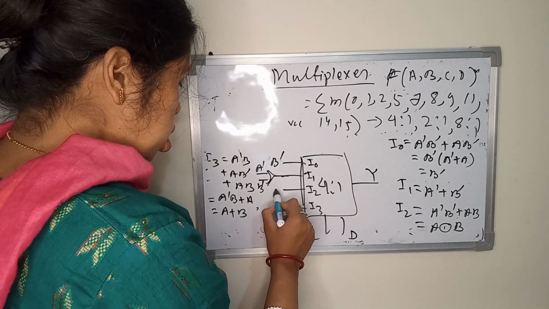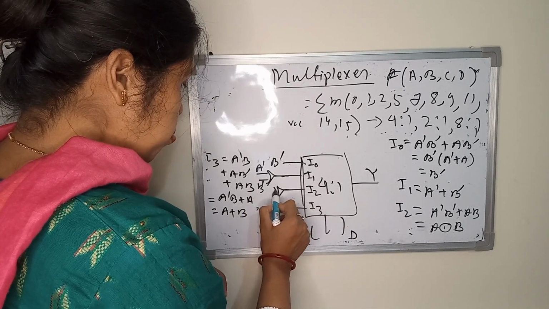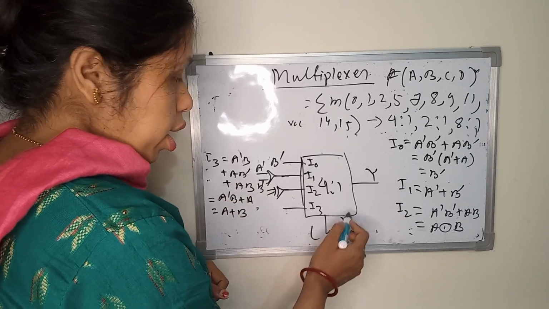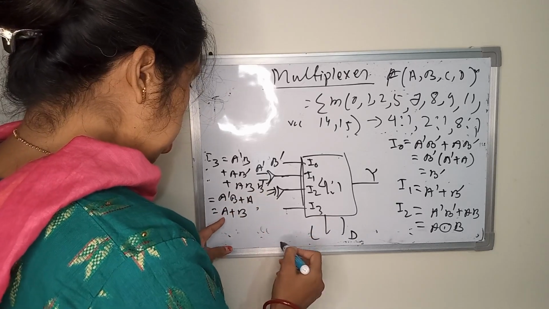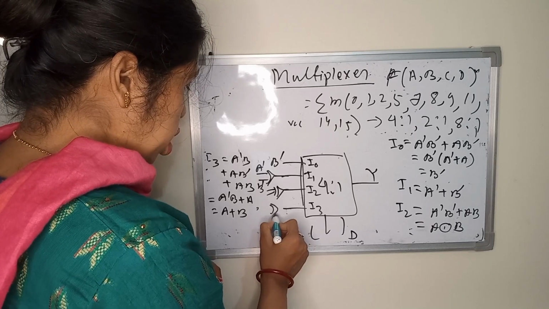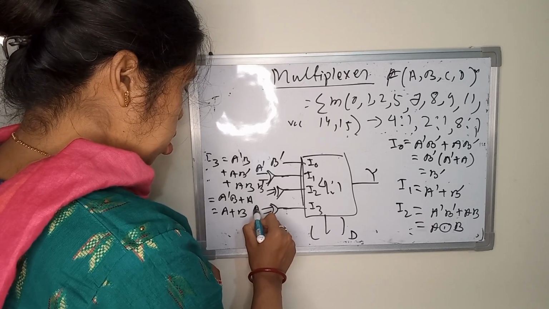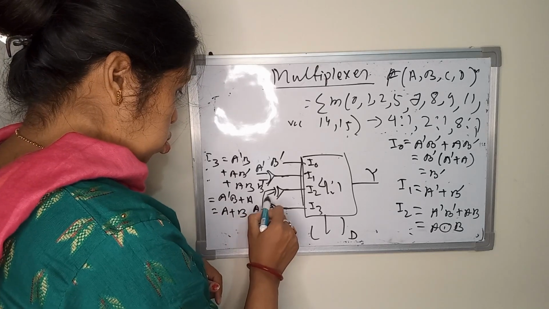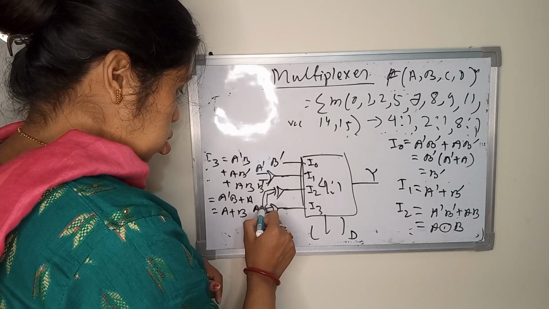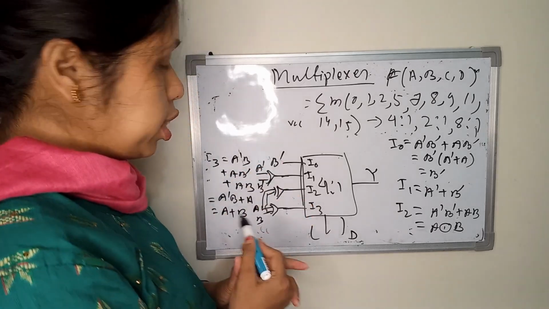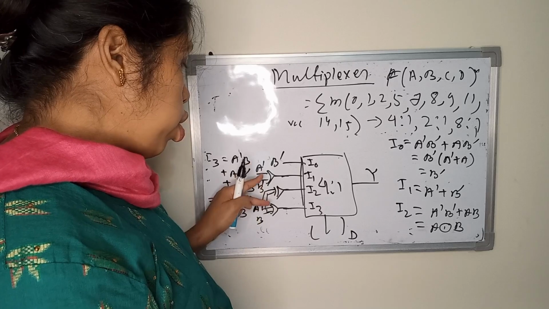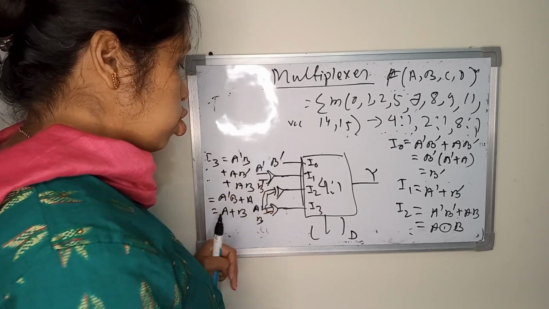I2 is an XNOR gate between A and B. And I3 is A plus B, an OR gate between A and B, right? This way you can design. So you are using a NOT gate, two OR gates, and one XNOR gate.